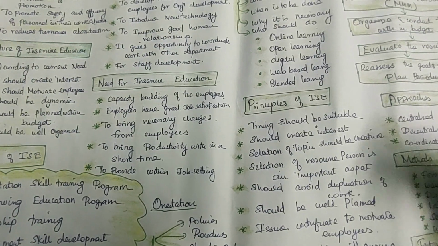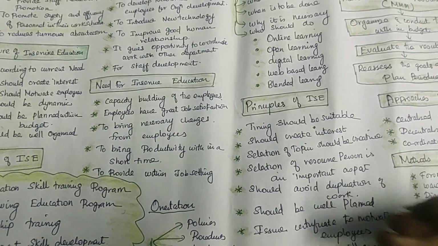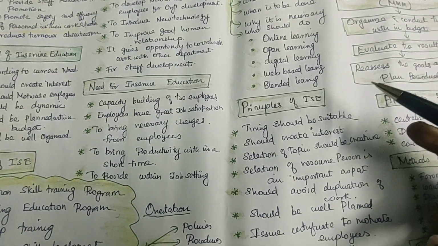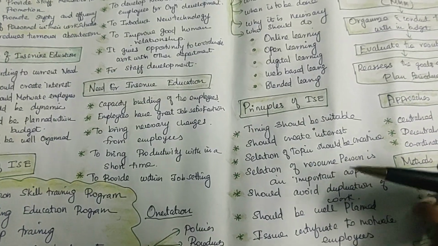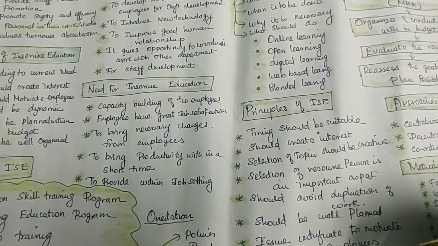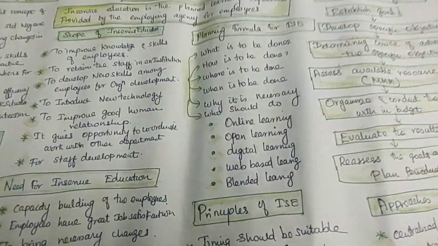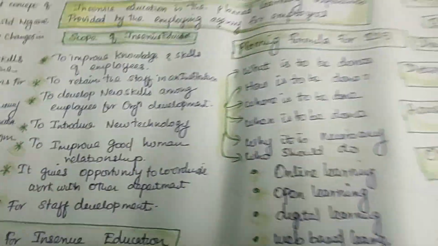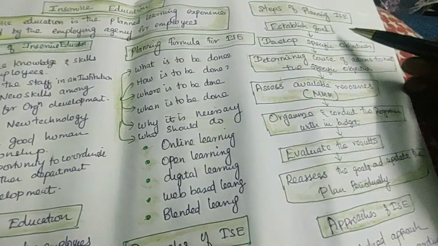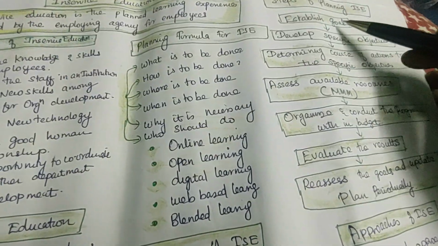Okay, so we know how to give, how to select the topic, and what form of in-service education to use. Now, what are the steps for planning in-service education? First, you have to develop the main goal. What is the goal of in-service education?